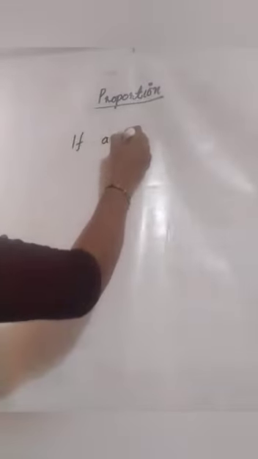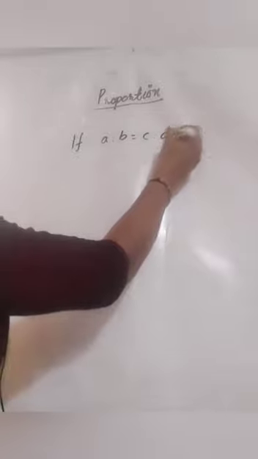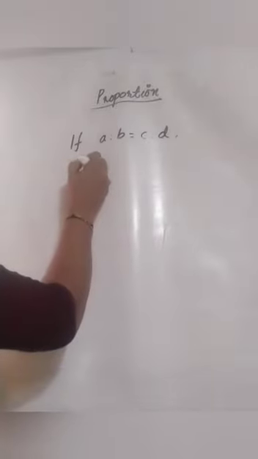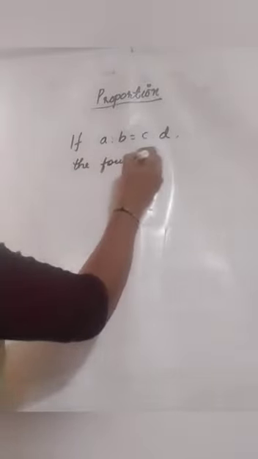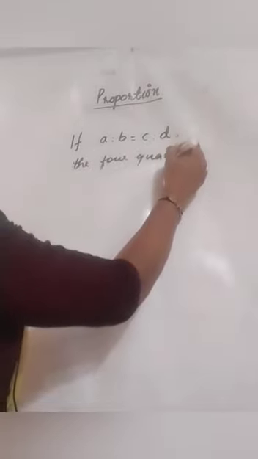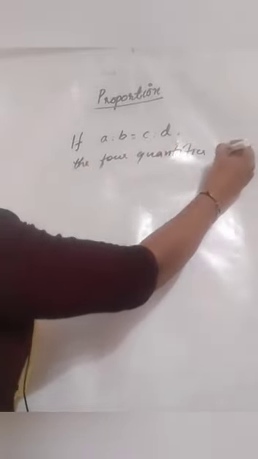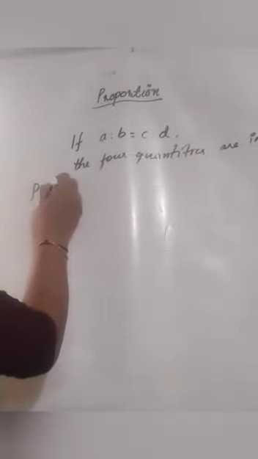If A is to B equals C is to D, the four quantities A, B, C and D are said to be in proportion.